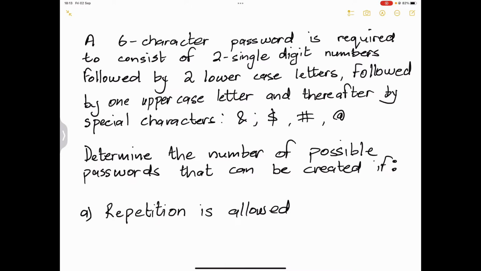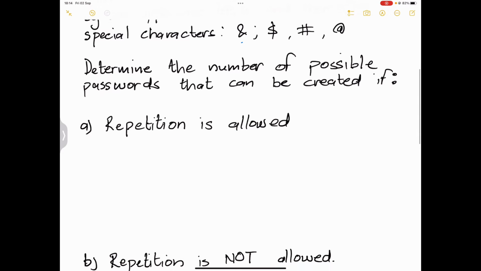They say a 6-character password is required to consist of 2 single-digit numbers, followed by 2 lowercase letters, followed by 1 uppercase letter out of the 26 letters we have, and thereafter by special characters, the ampersand, $, hash, and @. They say determine the number of possible passwords that can be created, first if repetition is allowed.